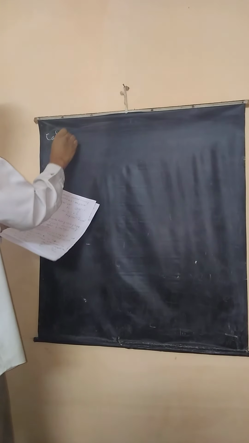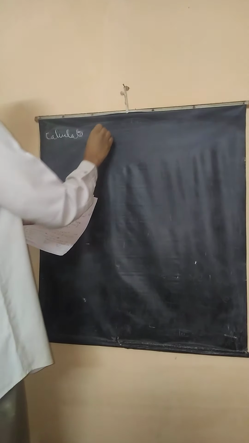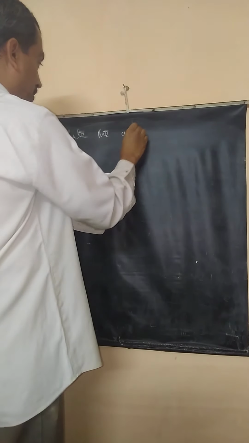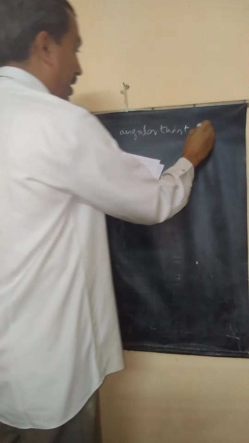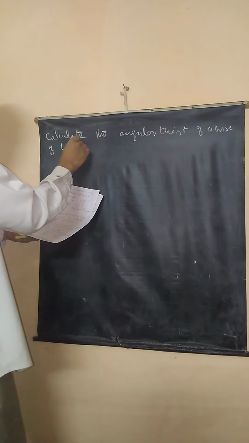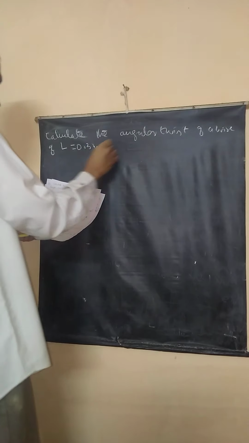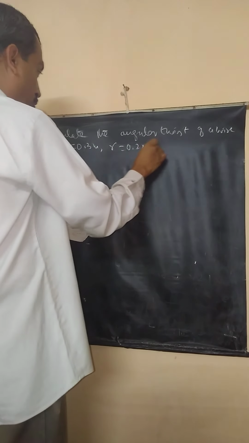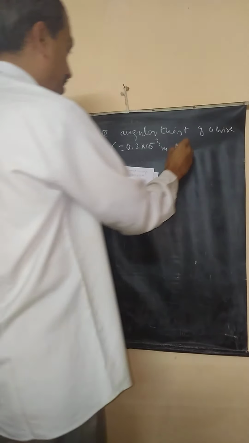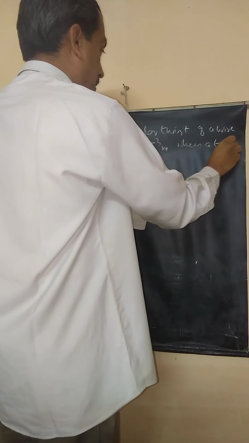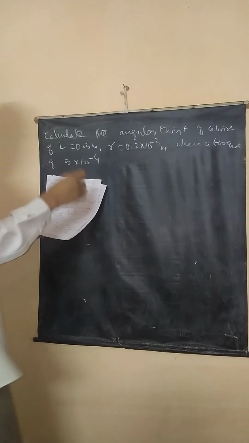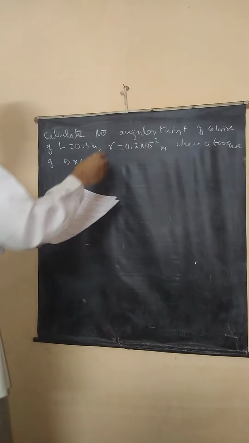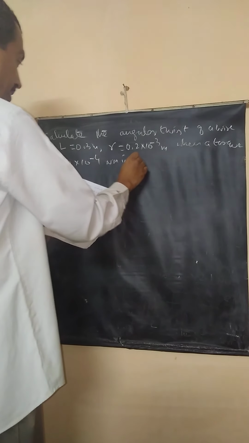Calculate the angular twist of a wire of length 0.3 meter and radius 0.2 into 10 power minus 3 meter when a torque of 5 into 10 power minus 4 Newton meter is applied.